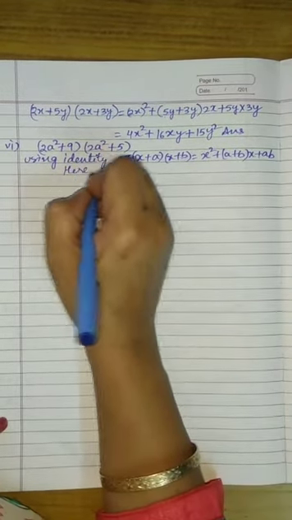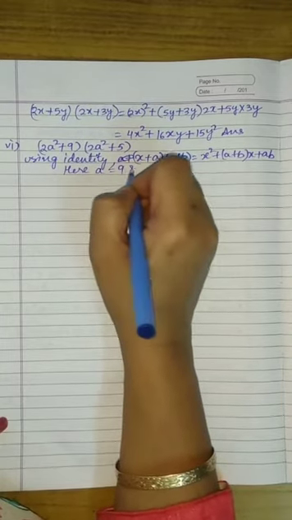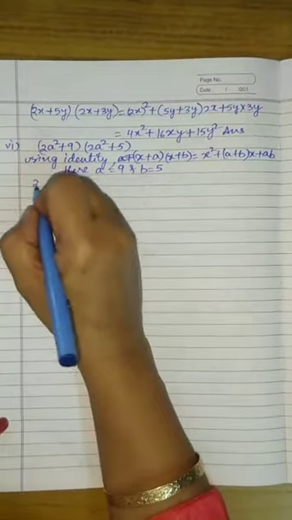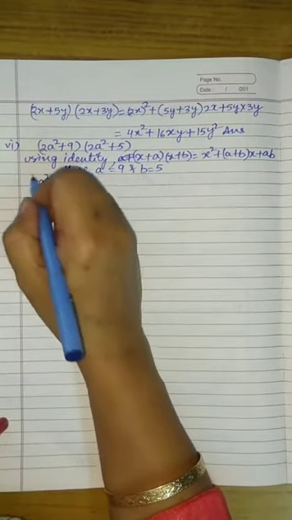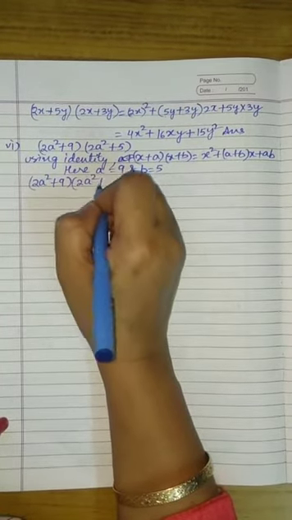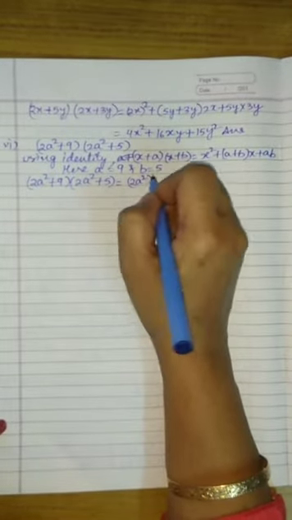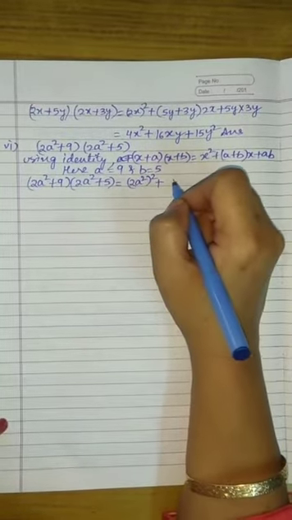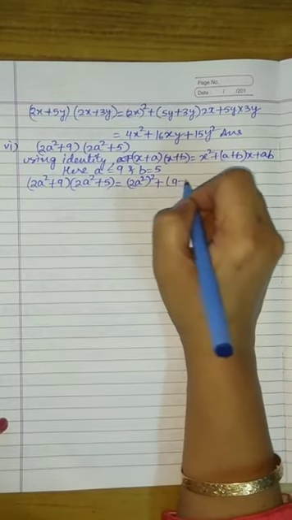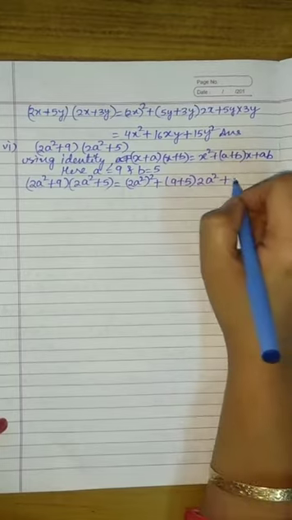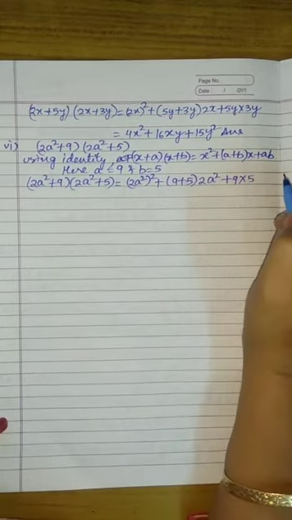Here what is a? a is 9 and b is 5. So (2a² + 9)(2a² + 5) is equal to, first term is (2a²) whole square, plus (a + b), 9 plus 5, into the first term, that is 2a², plus a into b, 9 into 5.